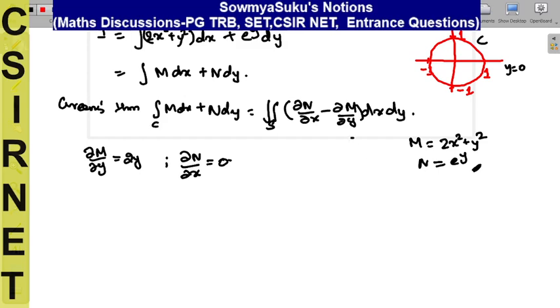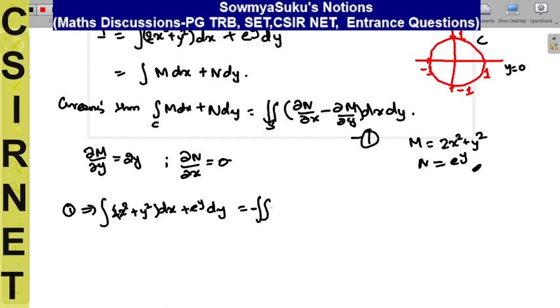So equation 1 implies the integral of (2x² + y²) dx + e^y dy is equal to the double integral over S of (0 minus 2y) dx dy. So now we are going to write the limits.